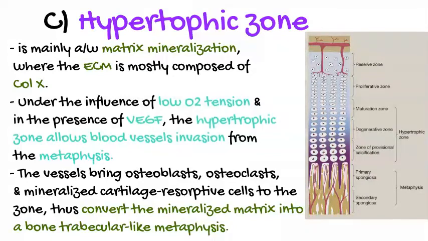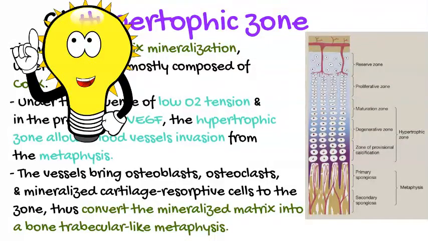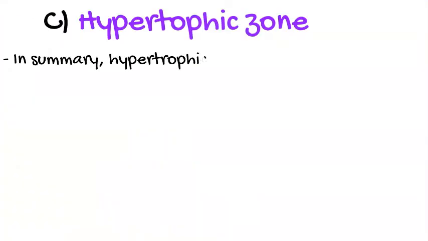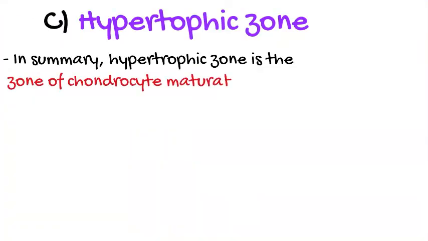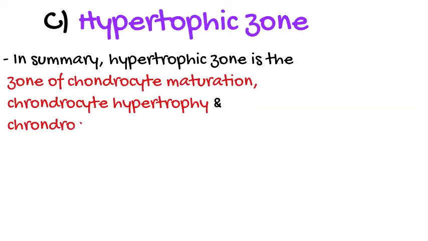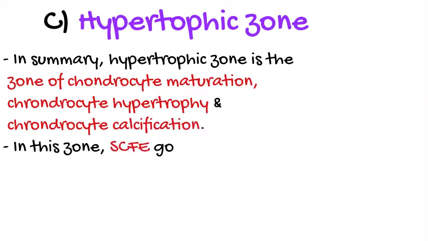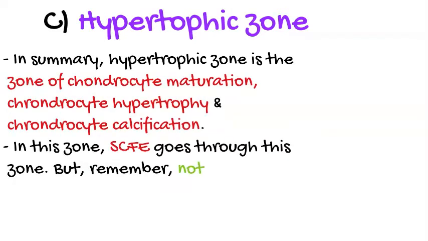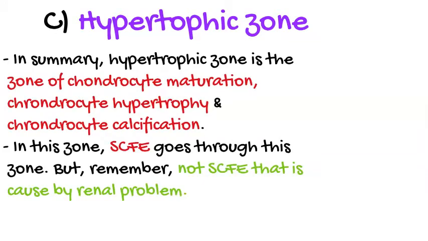The vessels bring osteoblasts, osteoclasts, and mineralized cartilage resorptive cells to the zone, and thus convert the mineralized matrix into a bone trabecular-like metaphysis. In summary, the hypertrophic zone is the zone of chondrocyte maturation, chondrocyte hypertrophy, and chondrocyte calcification.